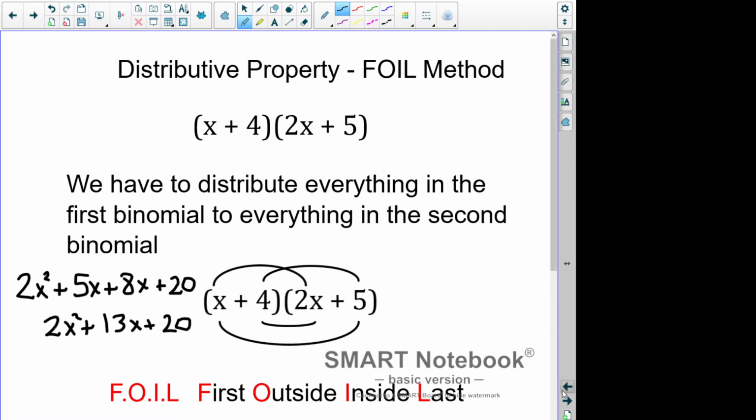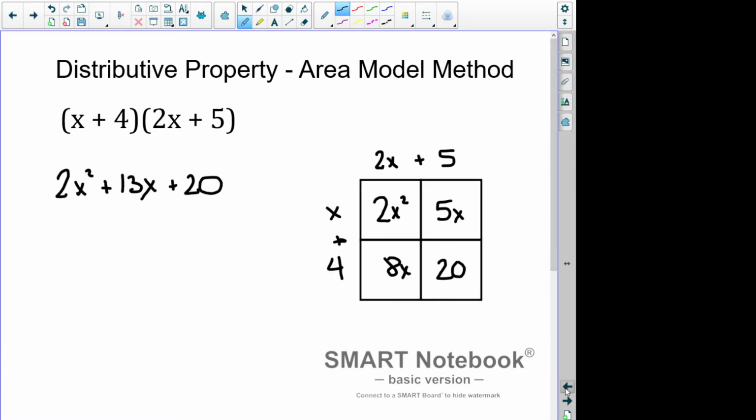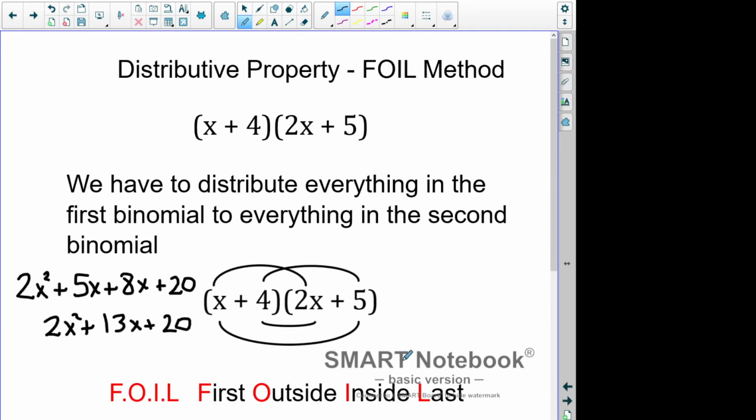So this is called the FOIL method versus the area model. And there's not a right way to do it. I mean, there's a couple different ways to do it. There's other models that you can do as well, other ways of thinking about this. But really what this just comes down to is making sure that you multiply all the terms in the first polynomial by all the terms in the second polynomial.